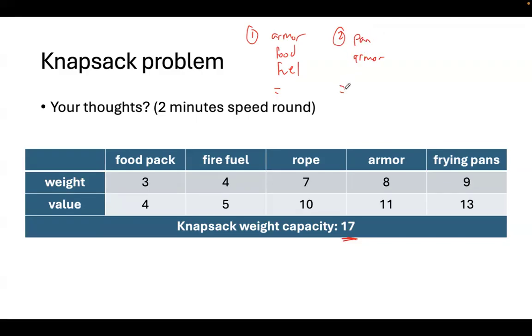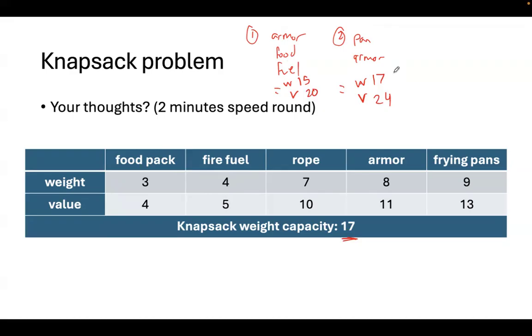All right. Okay, so 8 plus 9 gives us a weight of 17, and the value of 11 and 13 is 24. For the armor, food, and fuel, the weight is 7 plus 8 is 15, and the value is 4 plus 5 is 9 plus 11 is 20.